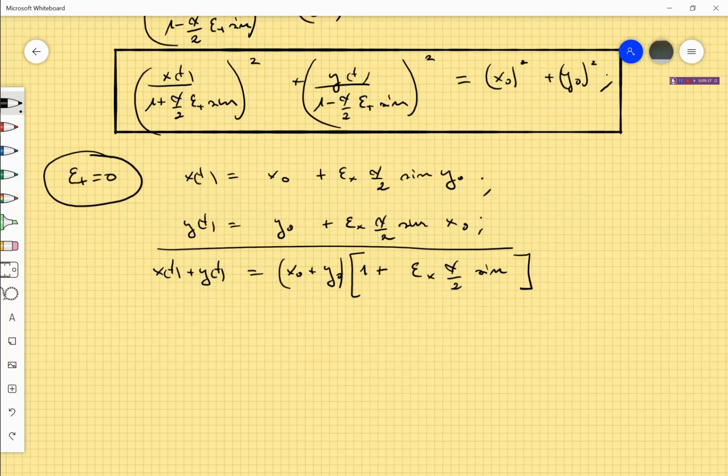Okay, if I take the difference, we get something very similar, x0 minus y0, but here it is a minus, if I am not wrong, because you're going to subtract this one, so this comes with a minus.